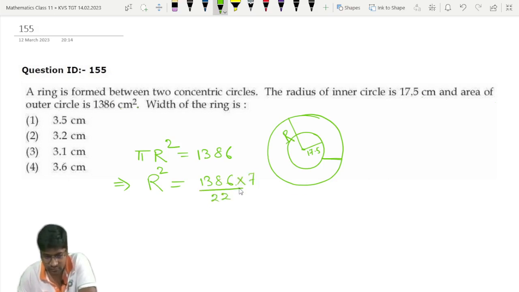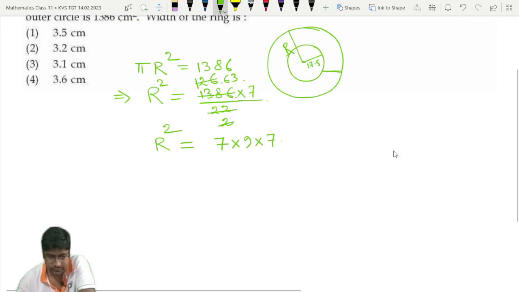So 7 will go above, and after cancelling we get 63 into 7. We can write 63 as 7 into 9, so R square is 7 into 9 into 7. So now what will be R then?